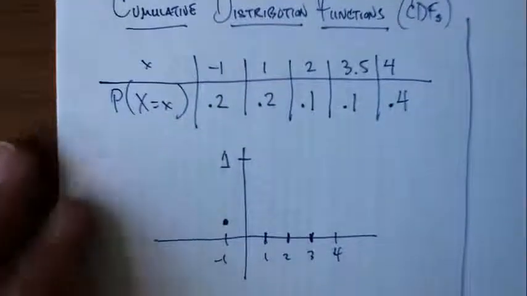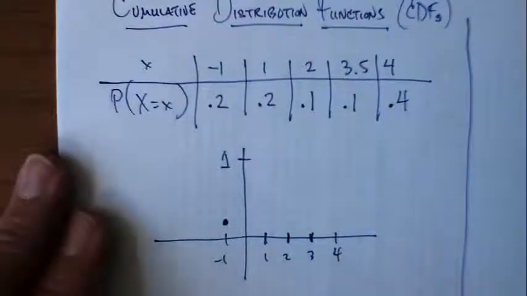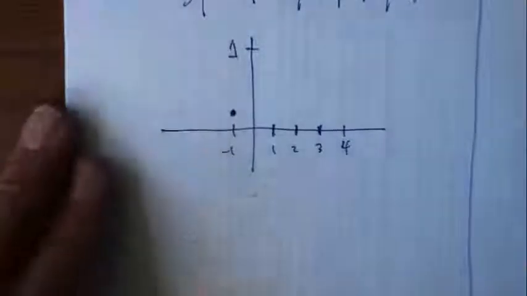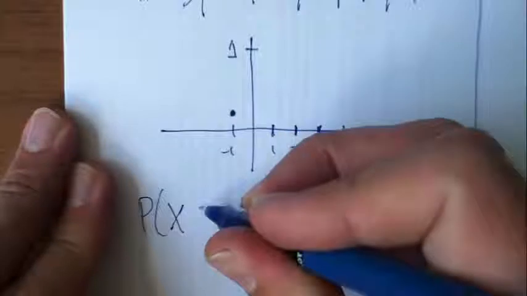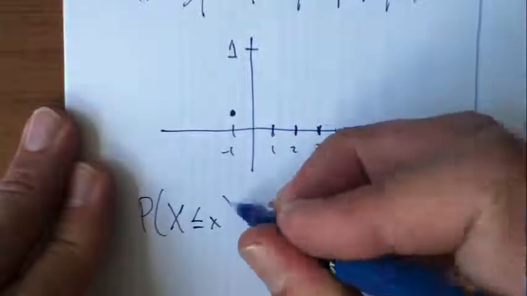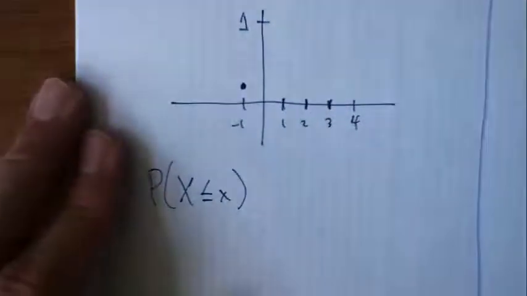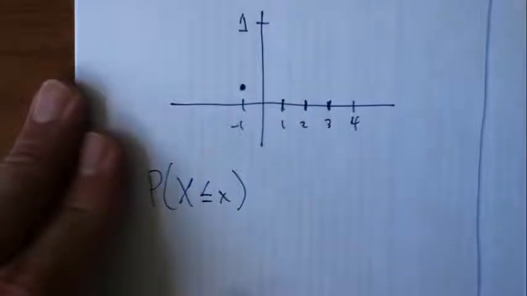So the cumulative distribution function for any random variable is defined to be the probability that x is less than or equal to some number little x.